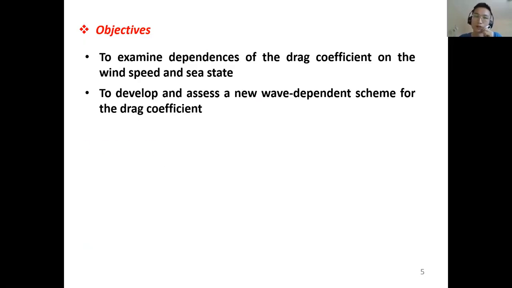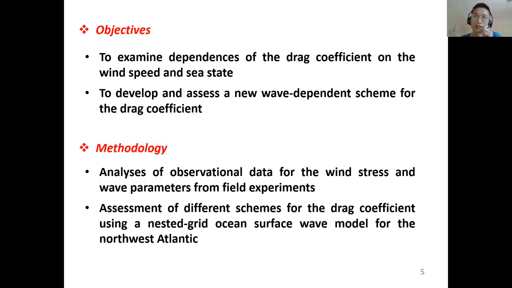For the method used here, we first analyze the observational data from field experiments, and then assess the different schemes for the drag coefficient using a nested grid ocean surface wave model for the Northwest Atlantic.